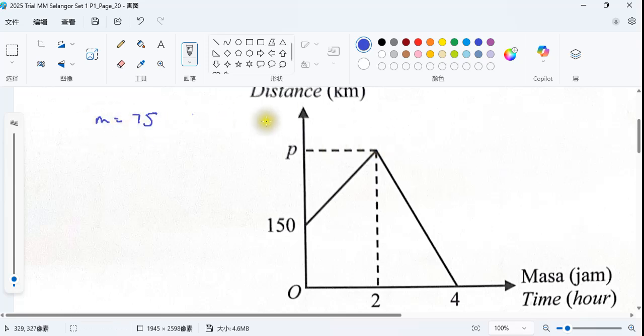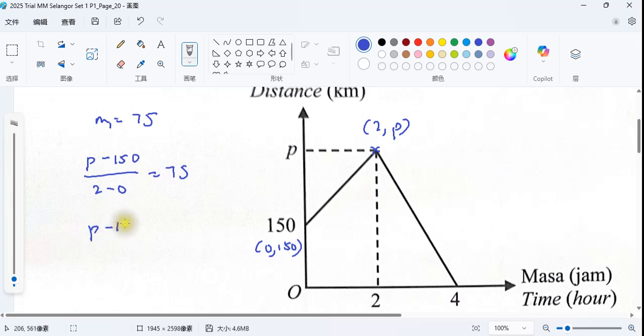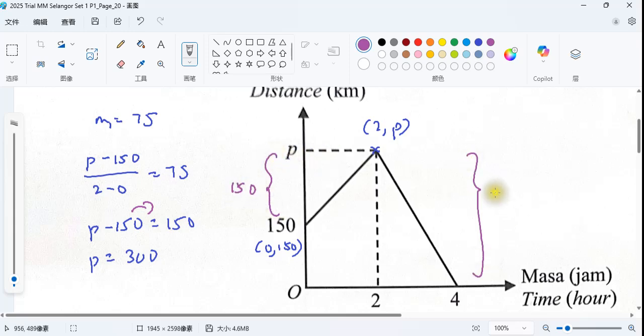So we have p minus 150 over 2 minus 0 is 75. So p minus 150 equal to 150, so p equal to 300. So the distance here is 150 and the distance here is 300.